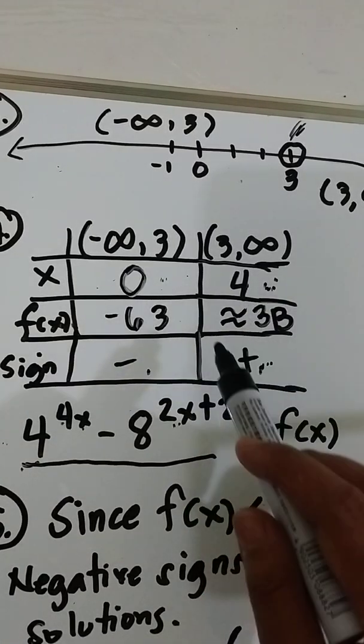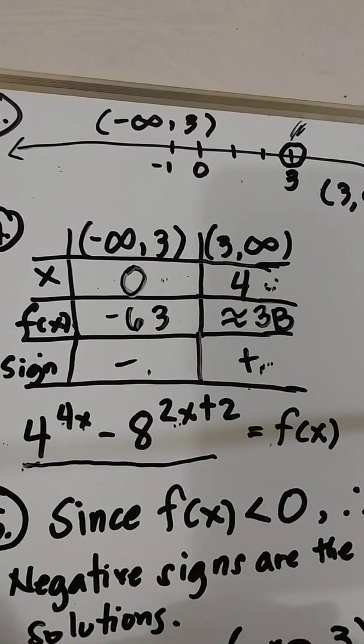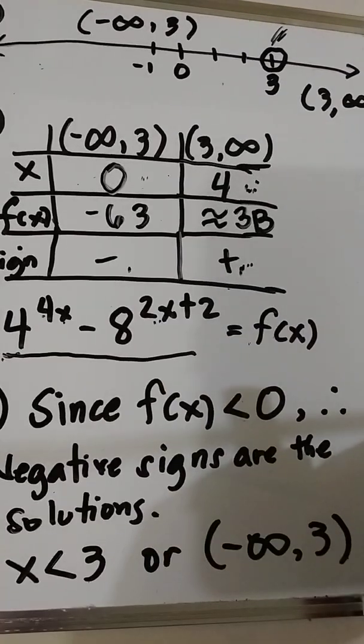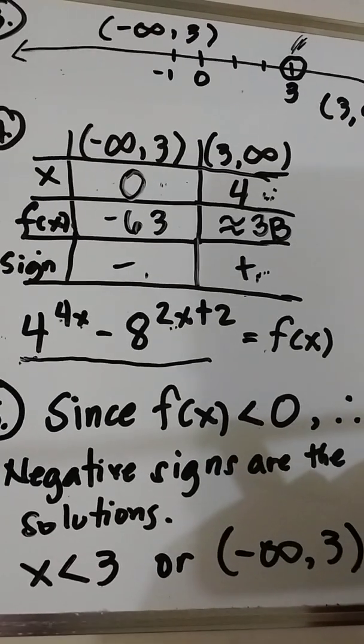So, after having this table of values, we will proceed to our step 5, wherein we are going to decide which part of the number line is the solution, or which interval is the solution.